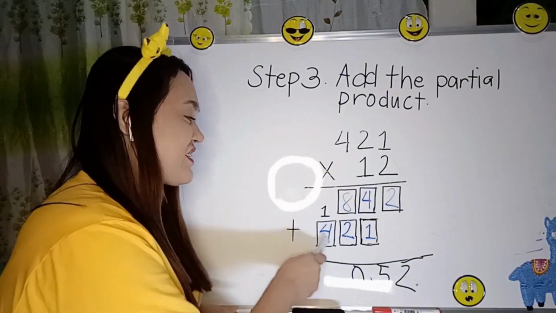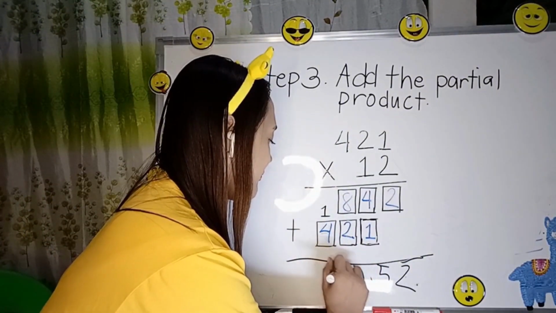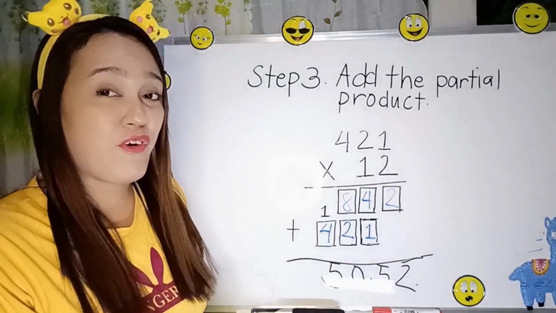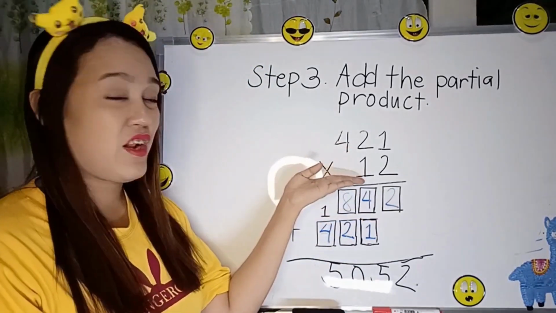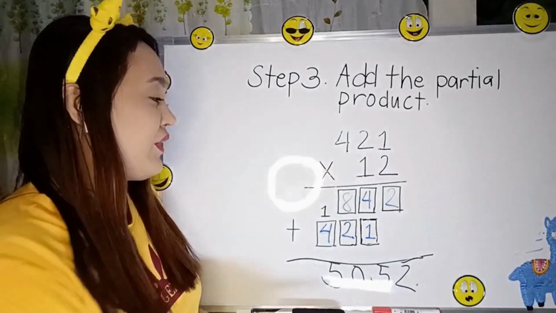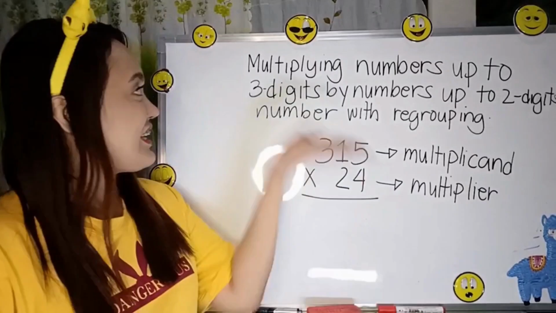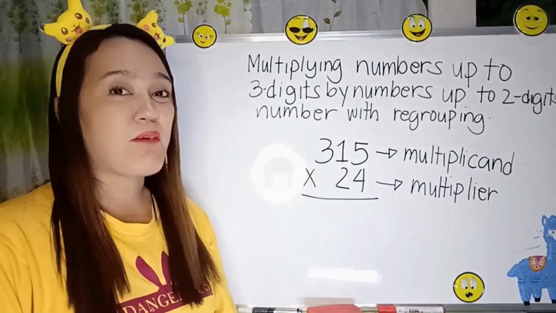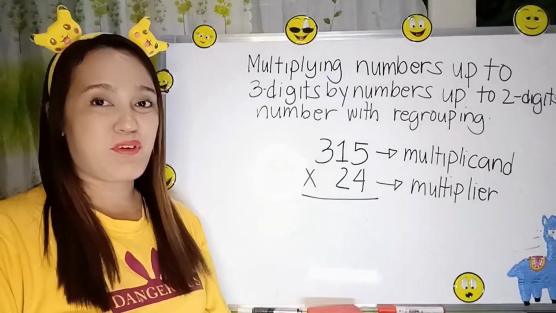So 1 plus 4 is equal to 5. Therefore, 421 times 12 is equal to 5,052.